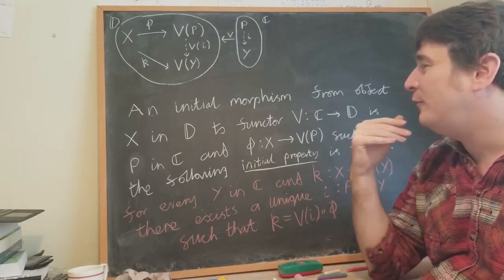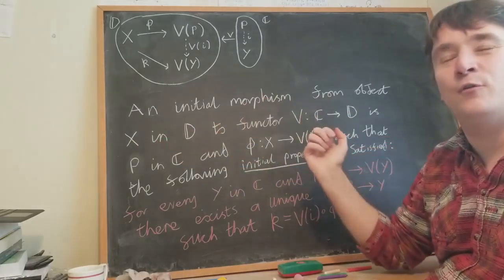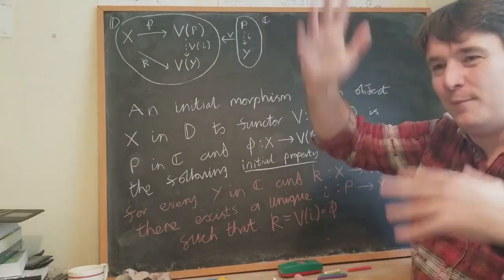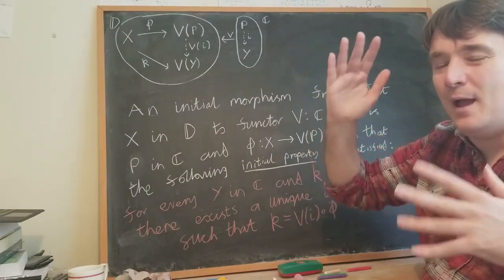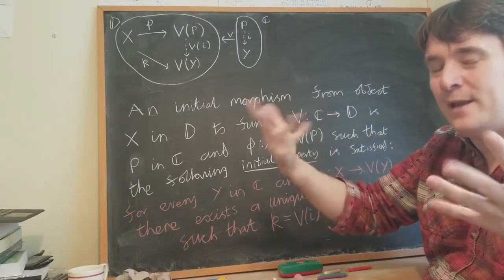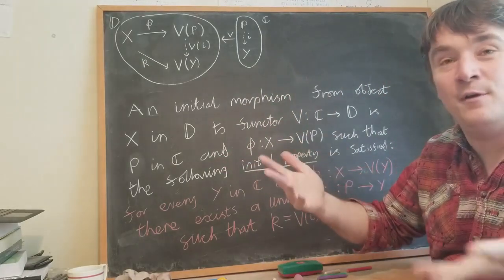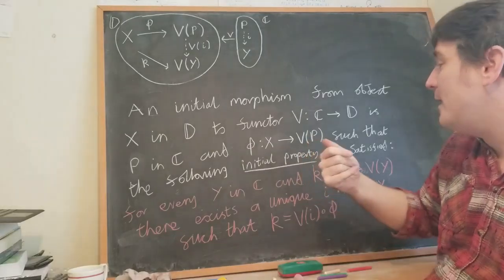We're saying something that's from an object to a functor. Normally, objects and functors live on different levels. There is a way in which this makes sense, but just accept it at the moment as terminology, okay?